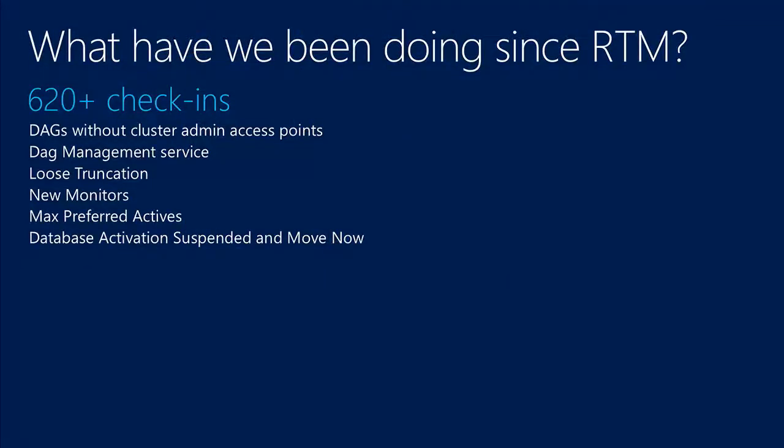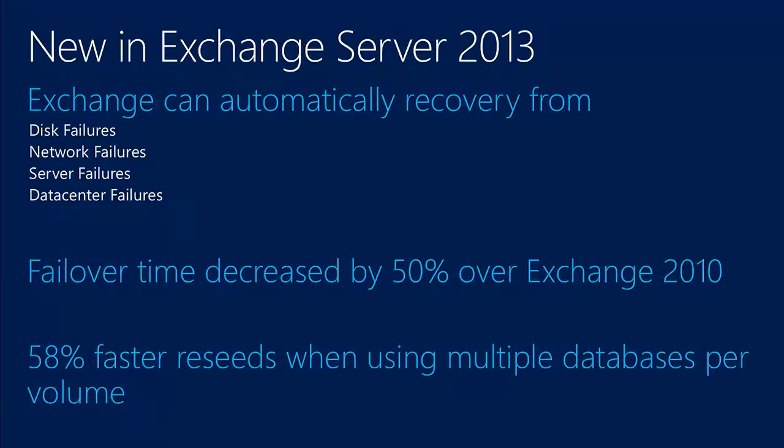All right, so what have we been doing since RTM? We've been doing a lot. And when I say we, I'm really just talking now about the mailbox intelligence feature team within Exchange. This is the feature and component team that's responsible for the high availability features like the DAG and database copies. And it's also the team that owns the extensible storage engine. In our production environments for Exchange 2010, we see database failovers happening in around 20 seconds or less.